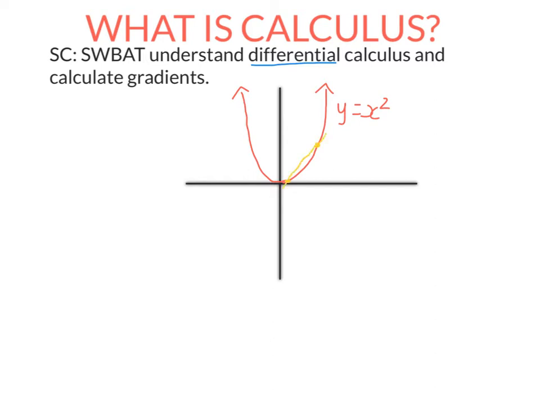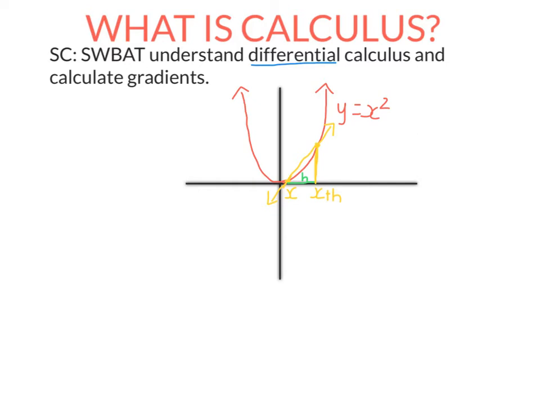So drawing a secant that goes through these 2 points, I'm going to call this first point x. And I'm going to make the distance along the x-axis between these 2 points, I'm going to call that distance h. So this point here, the x value is x plus h.